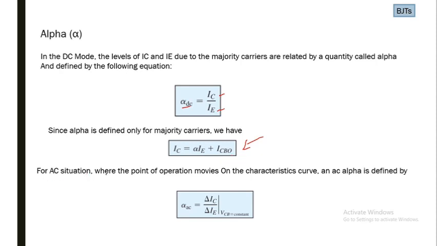And for the AC situation, where the point of operation moves on the characteristic curve, alpha AC is equal to delta IC over delta IE for any constant VCB. This means that change in IC over change in IE will give us alpha AC.